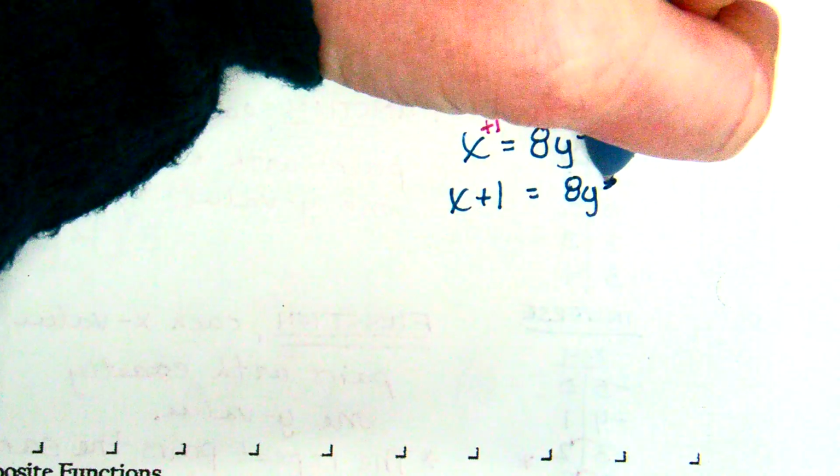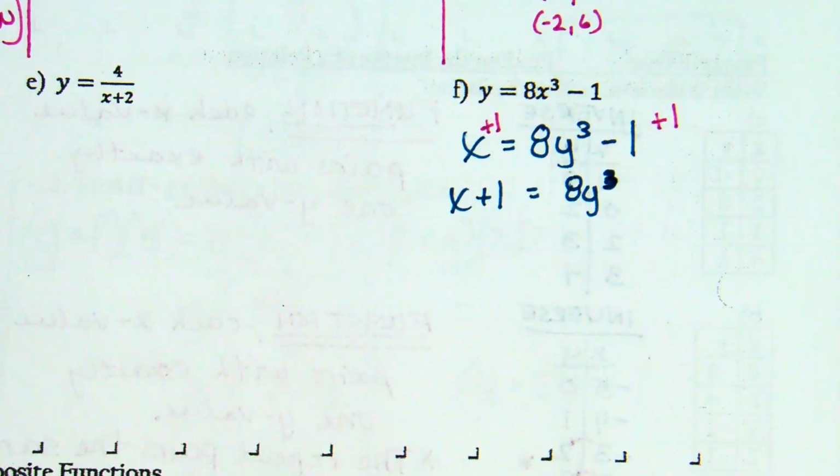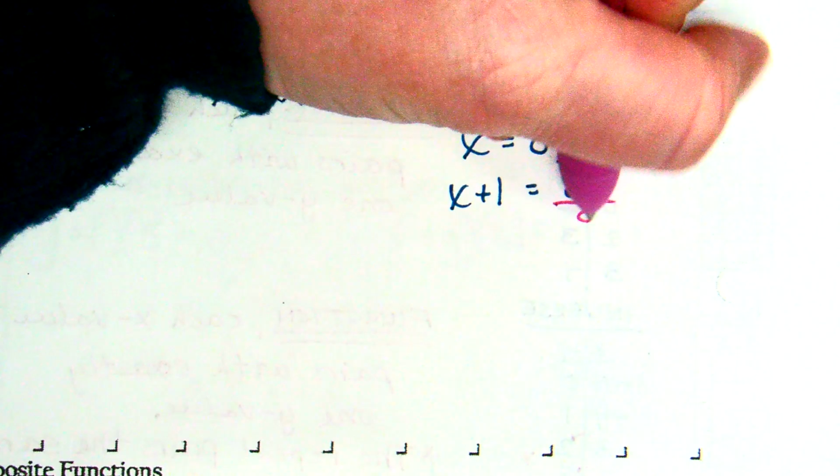Or we can leave it as a fraction. I'm going to leave it as a fraction this time. I don't see any advantage to making it x over 8 plus 1 over 8. Last time I saw an advantage. And 8y cubed divided by 8 is just going to leave me with y cubed. So I have y cubed equals x plus 1 over 8.